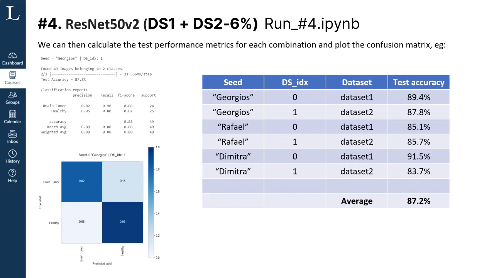For example, for the training for seed Georgios and index number 1, we see that the test accuracy is approximately 88%, and different performance metrics such as precision, recall, and F1 score are tabulated in the report. We can also tabulate on the same slide the test accuracies we got for the 6 different combinations of seed, index and dataset, and the average of these 6 runs is approximately 87%.